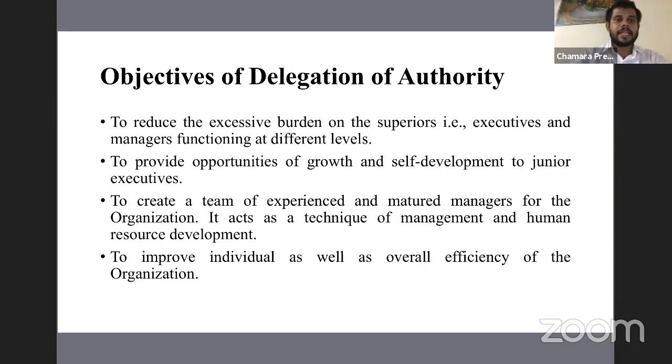To improve individual as well as overall efficiency of the organization, we need to work on this delegation of authority, right? Because of these reasons we delegate the authority, or you can say these are the objectives of delegating authority.